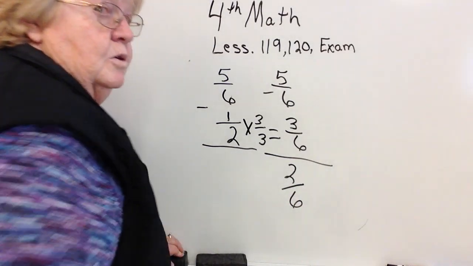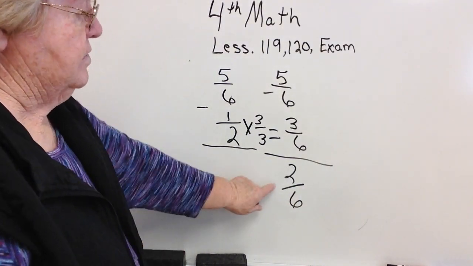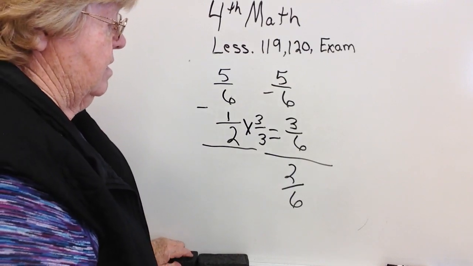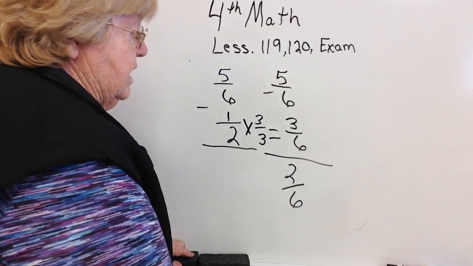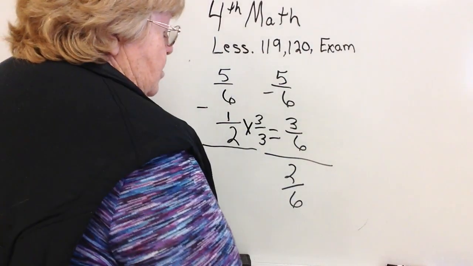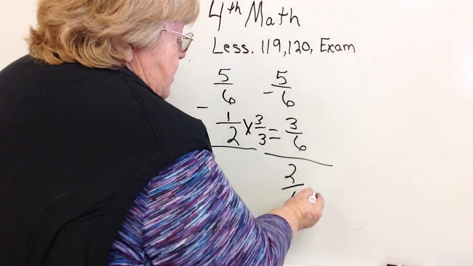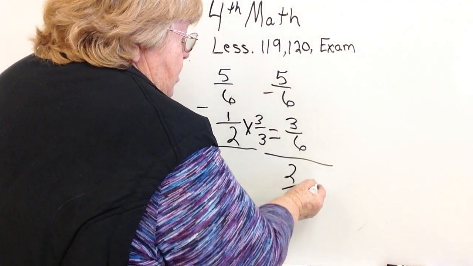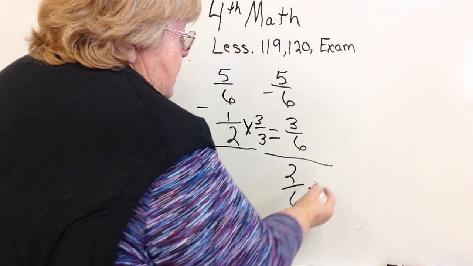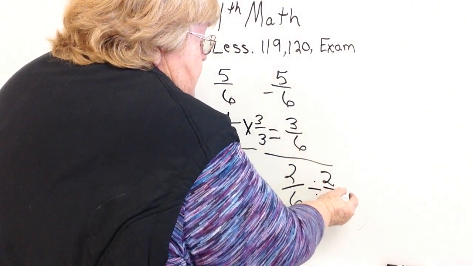But guess what? We're still not done. We have to reduce or simplify this one. To do that, we need to get it to its lowest terms. So we're going to find a number that divides into both of these without a remainder. Well, of course, this one only gets 2, so we're going to divide it by 2/2.